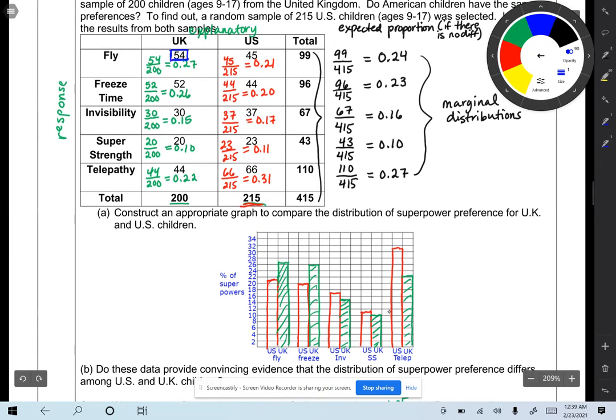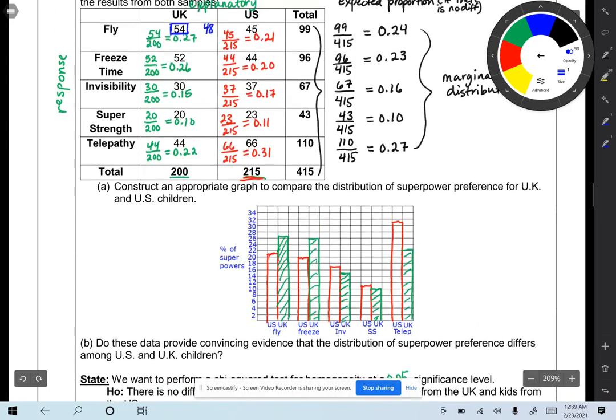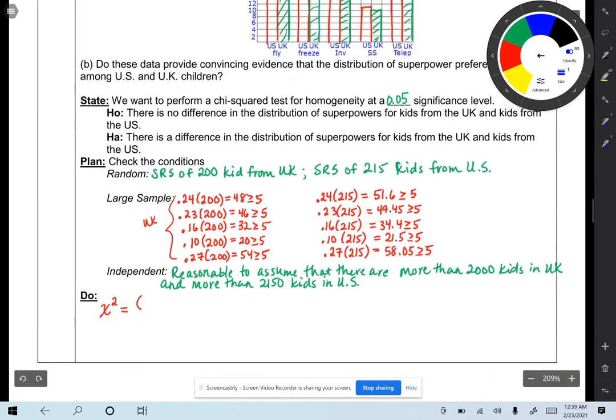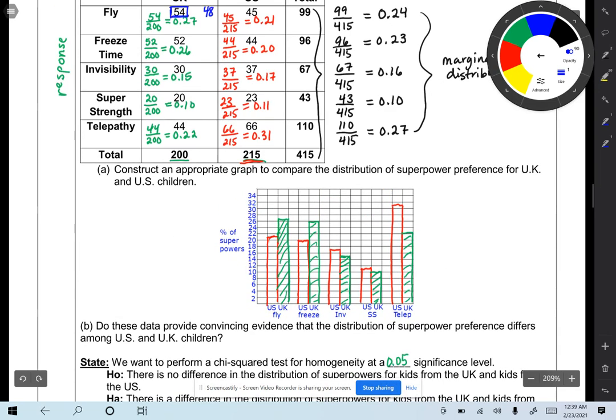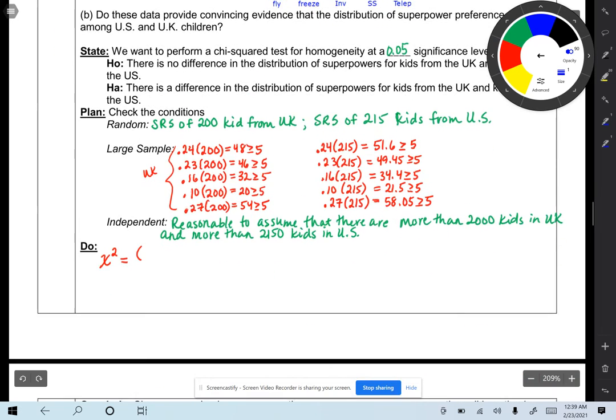That's what we found in the large counts. And for freeze time, we observed 52, but we expected 46, and so on. So you might want to write those numbers right next to each other, or just look at your large sample.